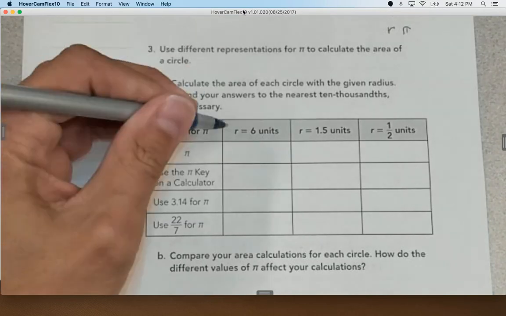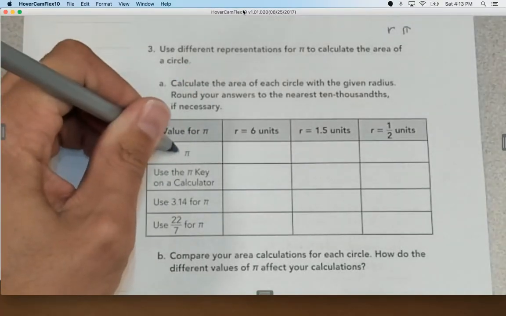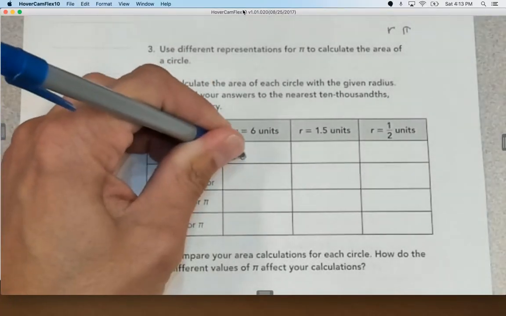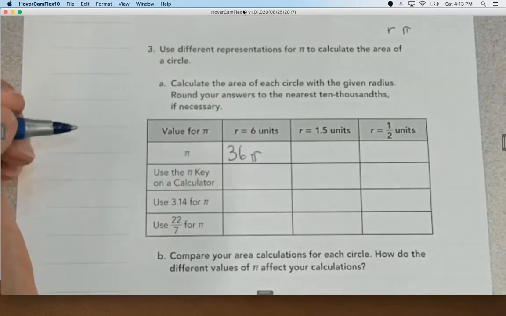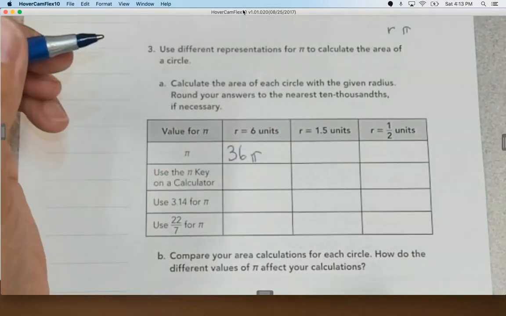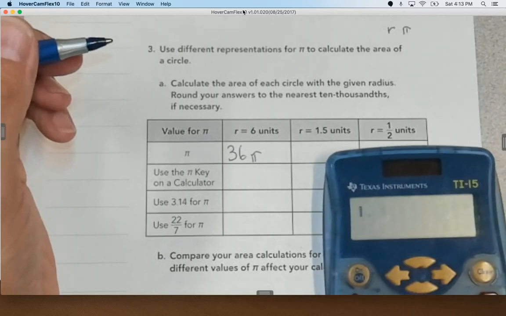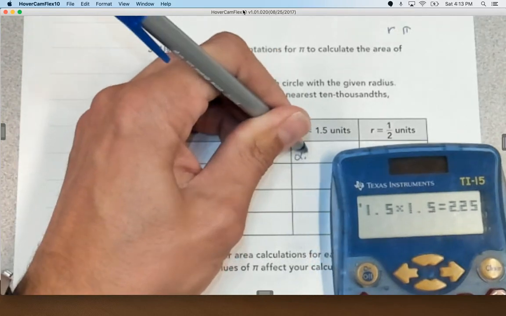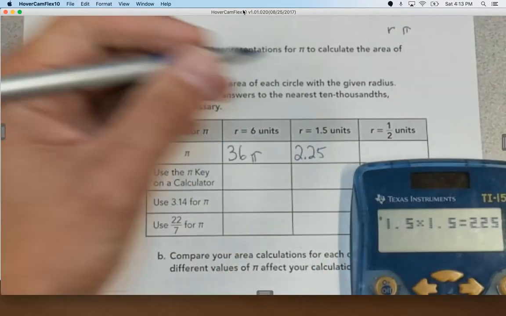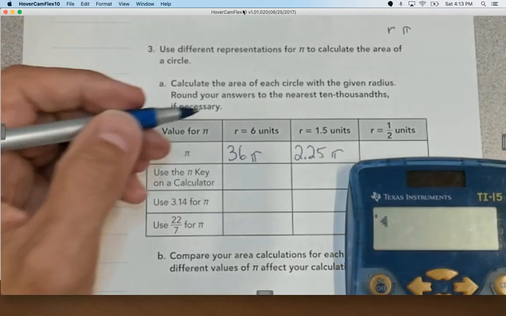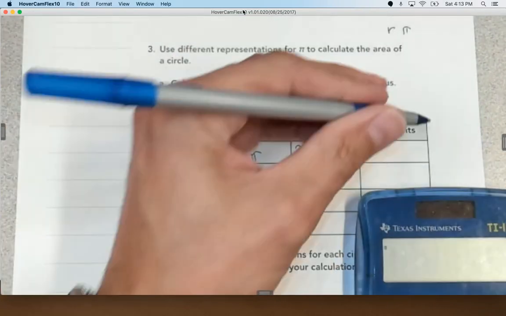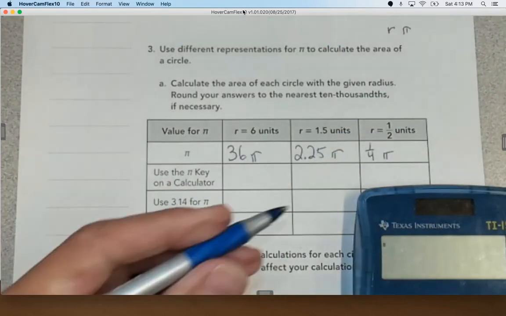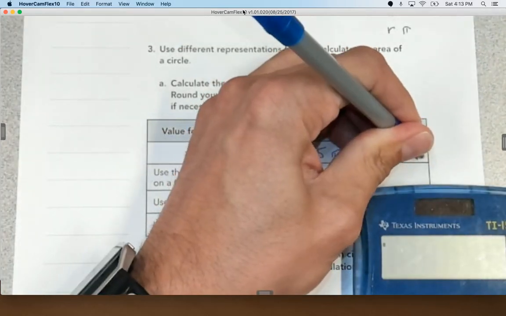If we're using pi, r squared would be 36 pi. 1.5 squared is 2.25 times pi. And then 1/2 times 1/2 is 1/4 times pi. We probably could write that as 0.25 times pi as well.